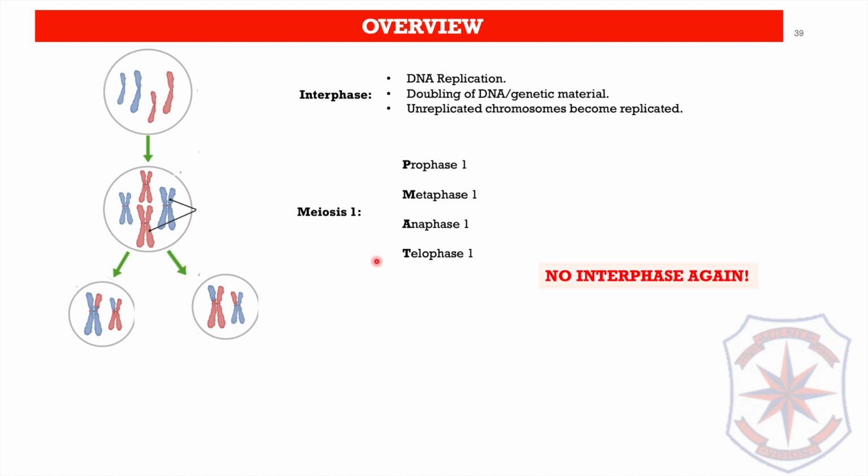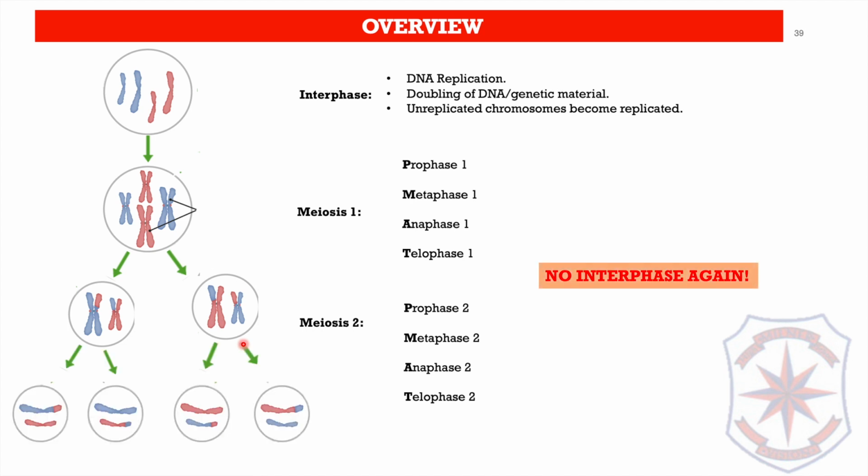So immediately after telophase 1, we are going to go through to prophase 2, then metaphase 2, anaphase 2, as well as telophase 2. Now, after telophase 2, what is going to happen? Each daughter cell will divide to form 2 daughter cells each.